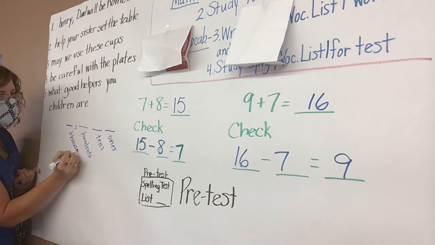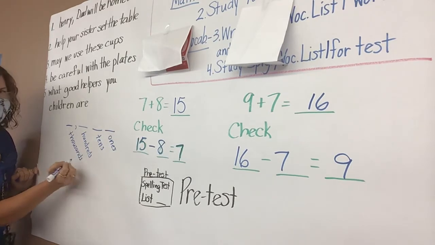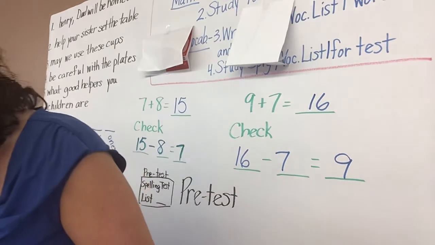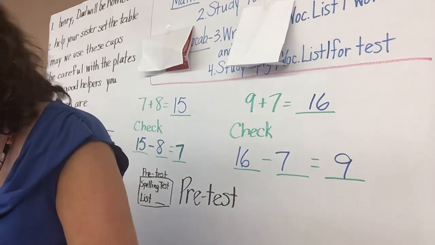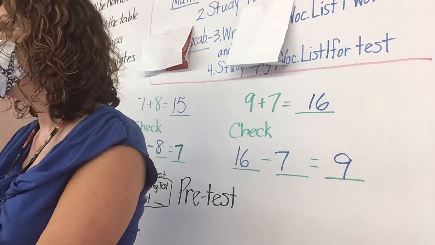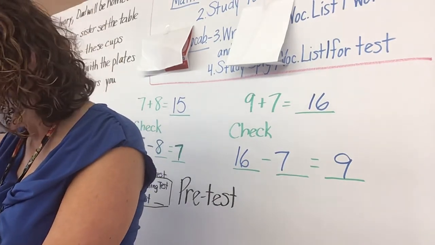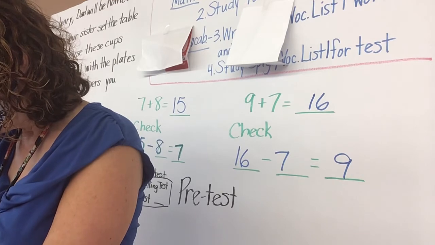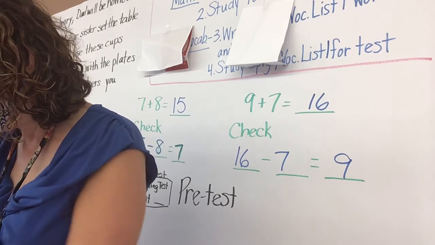Millions. All right, so what they're telling you to do is you're writing these numbers. Olivia, read the first one. What does it say? 6 is in the tens place. Read the next one. 4 is in the ones place. And 2 is in the hundreds place.